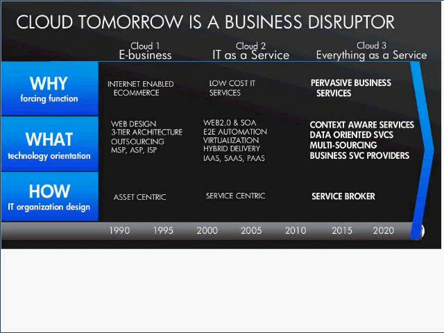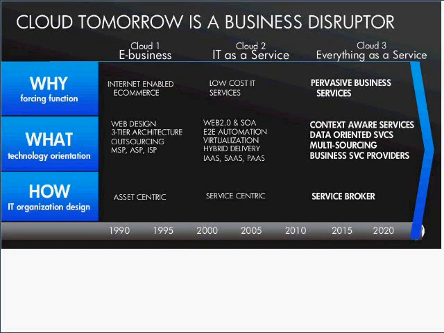So is HP building cloud data centers like Microsoft and Google? The reality is we already have a lot of data centers through our outsourcing business, through our IT function, and through our labs. So there is no announcement on specific cloud data centers that I'm able to share with you today.